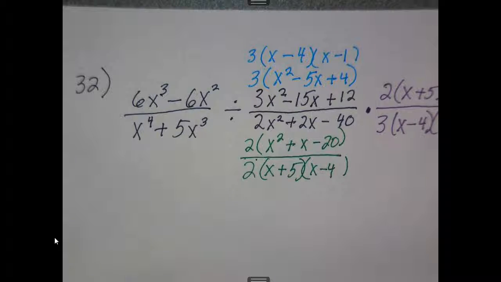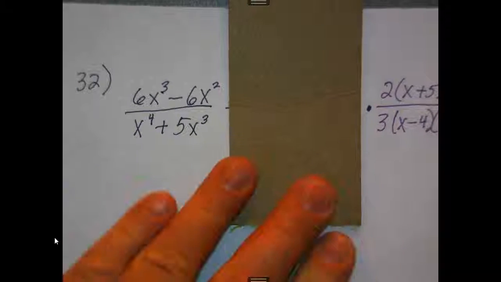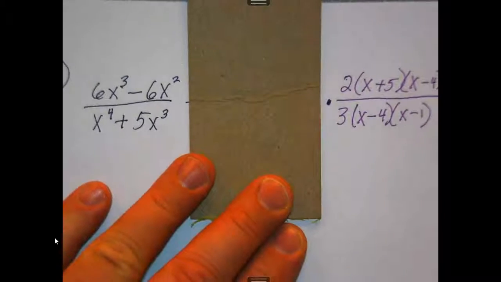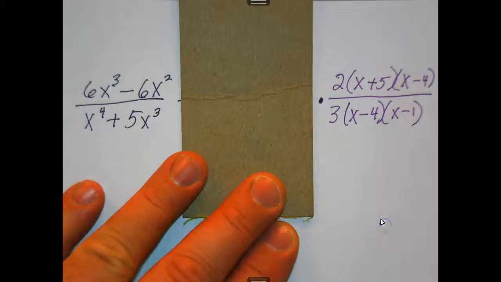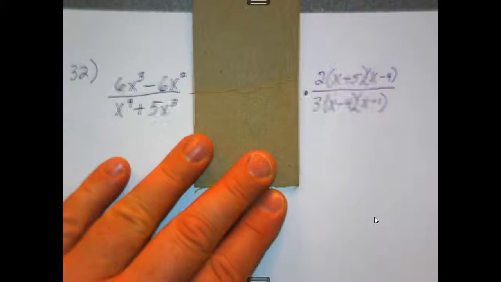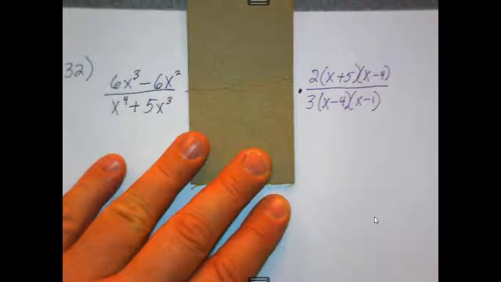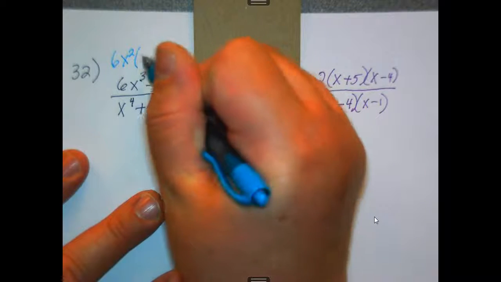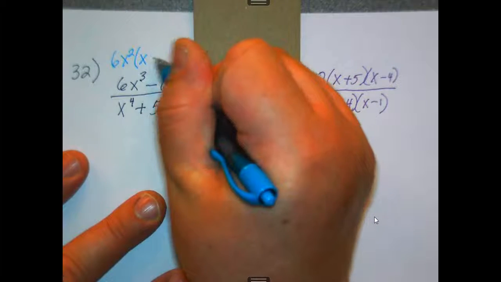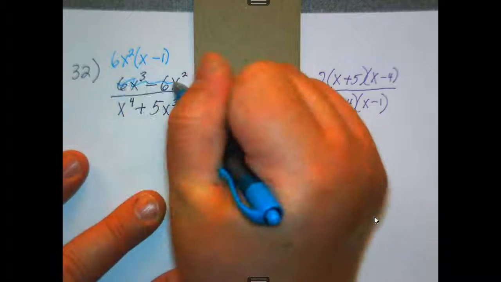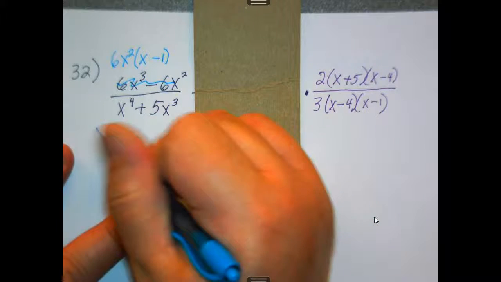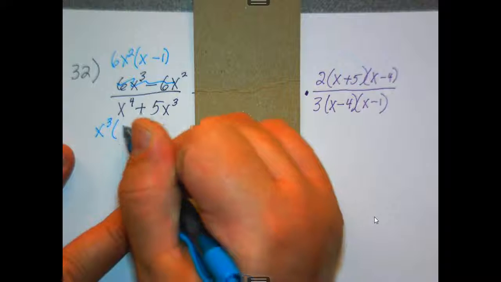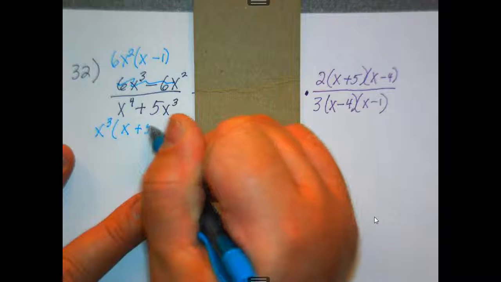Okay, so I'm going to do this problem. Yep, I need to factor on this one, don't I? 6x squared, x minus 1, and then x cubed, x plus 5.